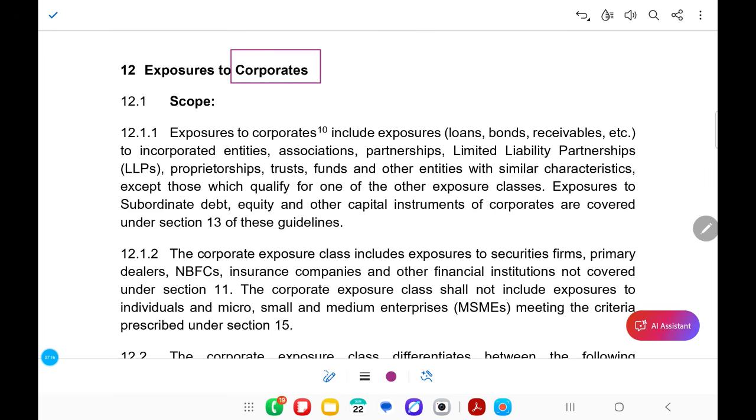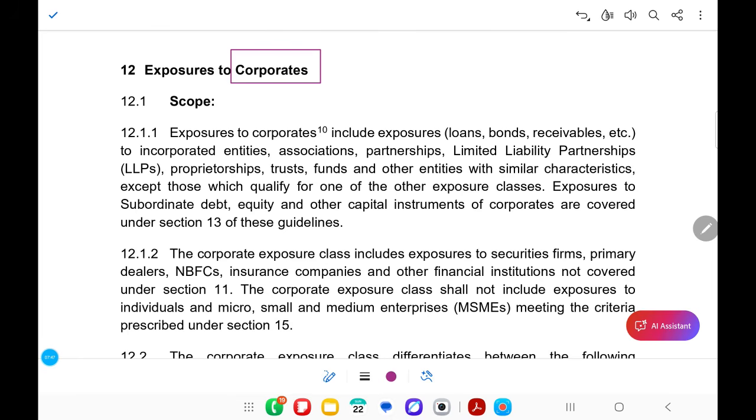You will get a good idea about how this class is assigned risk weights. Under the standardized approach in these draft guidelines, all credit exposures are assigned risk weights either based on a specific prescribed category or according to the rating assigned by the eligible credit rating agencies.